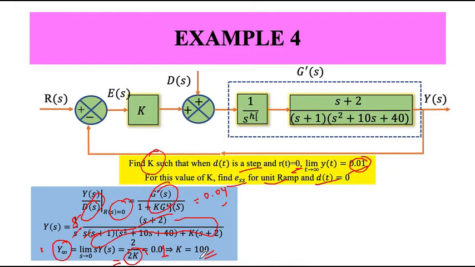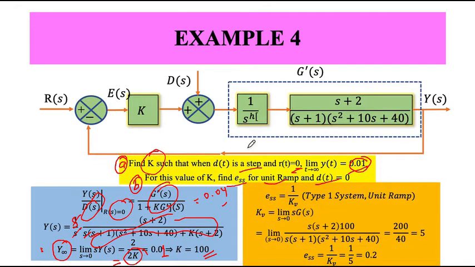Now this is the first part. Second part is, for this value of k, I have to find the steady state error. So the question was to find a gain k which, for d being unit step, results in steady state output 0.01, and I just solve this and I get k equals to 100.